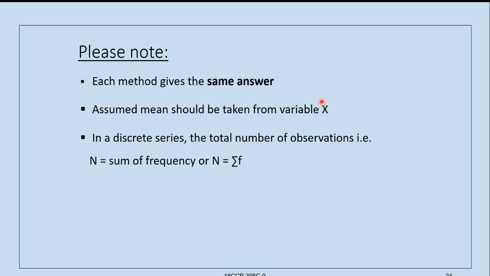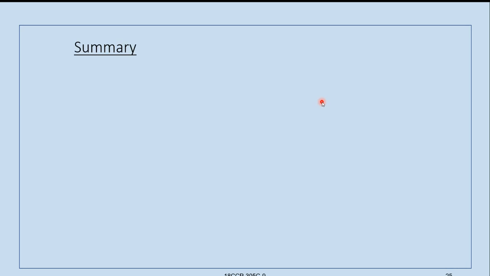In a discrete series, the total number of observations, that is n, is equal to sum of frequency, or n is equal to sigma f. This also you have to remember. So these points you have to remember very well, because those are very, very important.